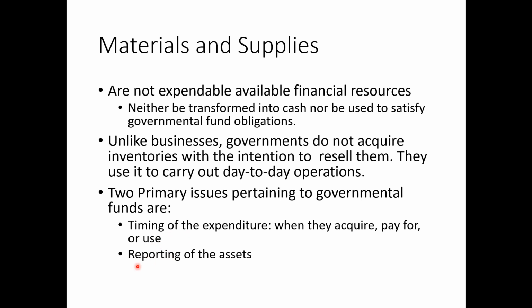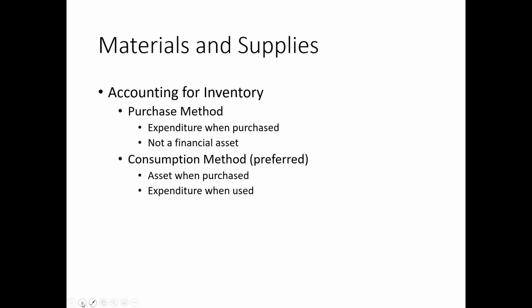And then how to report the asset. Accounting for inventory basically has two methods, the purchase method and the consumption method. Both are available for government accounting. Under the purchase method, we record expenditure when inventories or supplies are purchased.